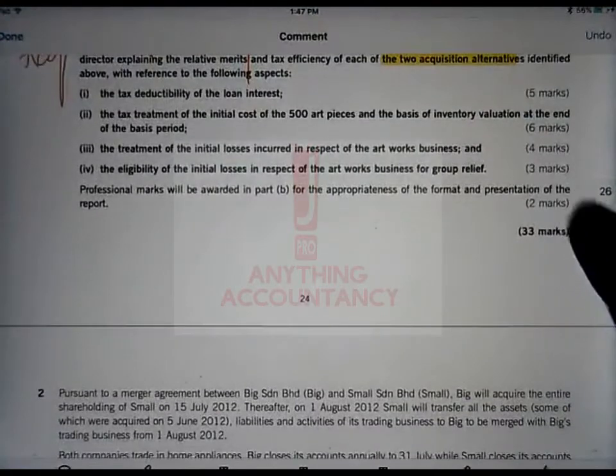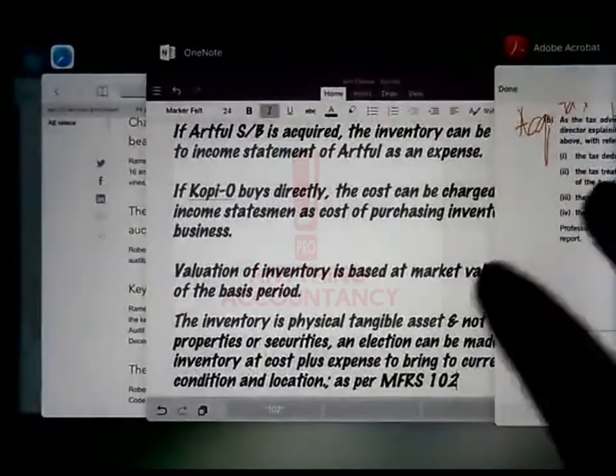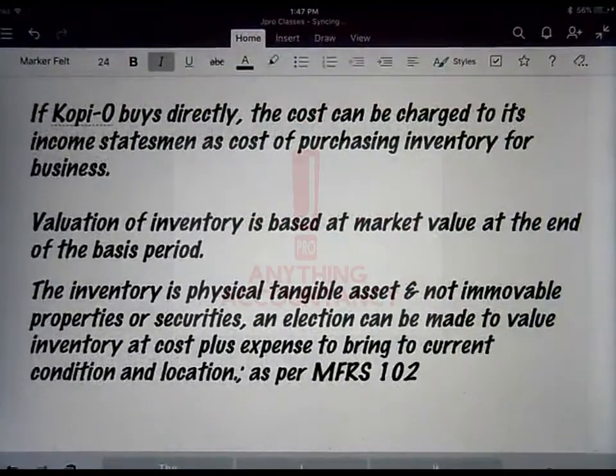The next question is here. Now it's 4 marks. The treatment of the initial loss incurred in respect of the artwork business. So here you're going to talk about the treatment. This is number 3. So this is about the treatment. How are you going to treat the whole thing right now?